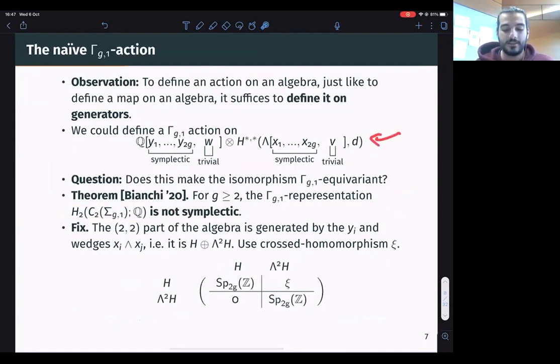But if the action was as I said, everything would be symplectic on the algebra. So this cannot be true. Let me make it red. So this is wrong. So how do we fix this?